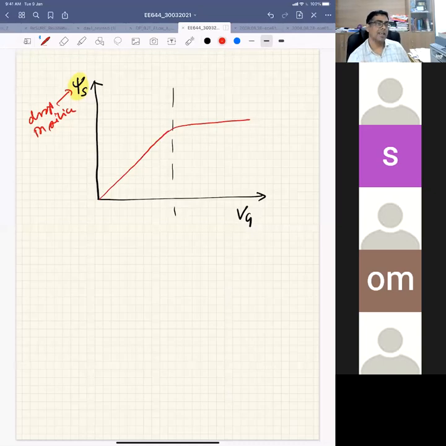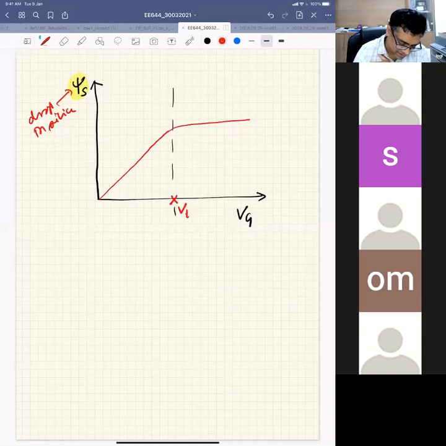So once the transistor inverts, you don't want to go to a very high voltage, because after inversion most of the voltage drops across the oxide. If you go to a higher gate voltage, the field across the oxide will be very high, because the oxide thickness is the same but the drop across the oxide is increasing. So the field will increase and your device will break, right? So this is your threshold voltage, where the inversion happens.